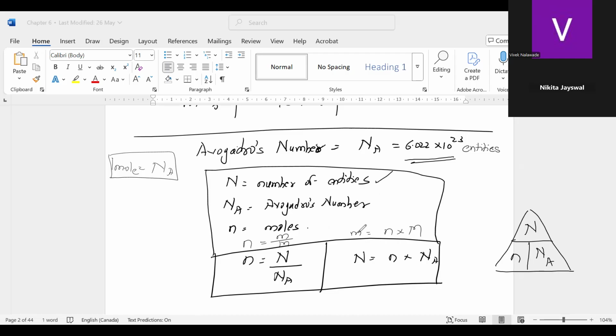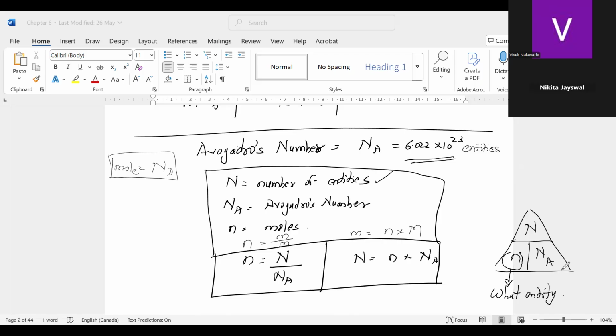And moles, you also know moles can be determined using the other formula, that is n is equal to m over M and m is equal to n into M. So this also can be determined if you know it is for what entity. So if they give you calcium carbonate, you can determine the n.